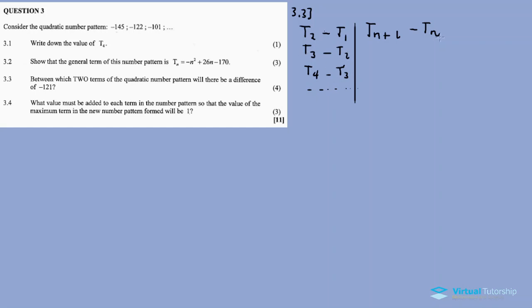Is 4. N plus 1 inginikeza the next term. So therefore lana ke ngifuna ukwazi ukuthi nangizo subtracta u-Tn plus 1 no Tn, ngifuna ukuthi banginikeze -121. Lawo ma terms angwazi, that's why ngisebenzisa u-n plus 1 no n.